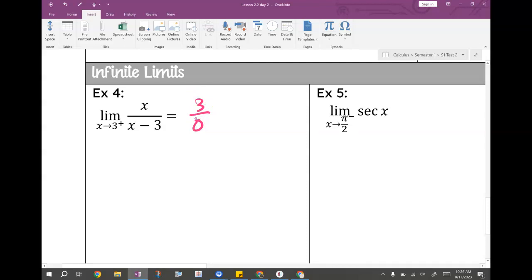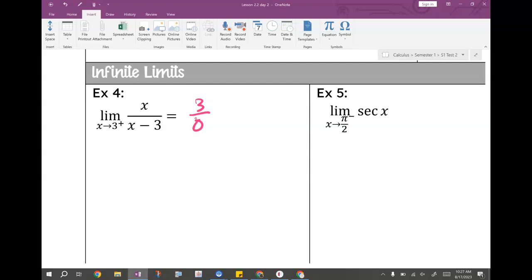So the next step would be, all right, well, like on that previous one, can we simplify this in some way? We can't, right? There's nothing we can factor. There's nothing we can cancel. So how can we go about this instead? You guys are going to need to do a little bit of logic on these kind of problems, okay?